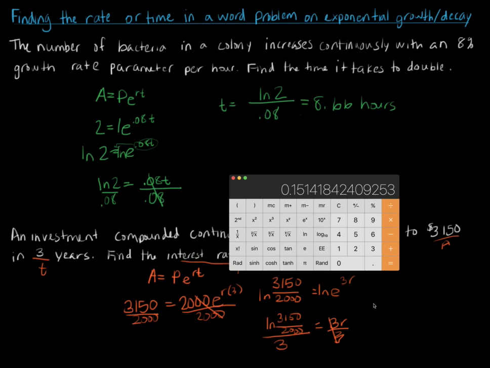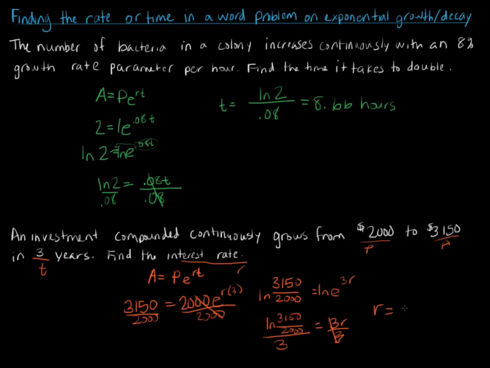So that is going to be r equals 0.15 or 15%. And that is how you find the rate or time in a word problem on continuous exponential growth or decay.